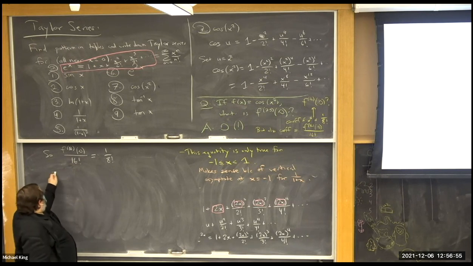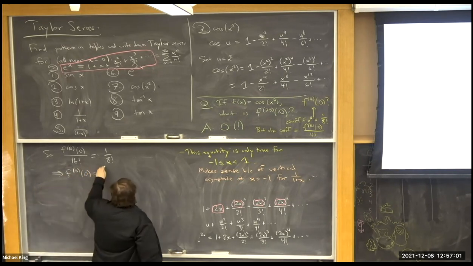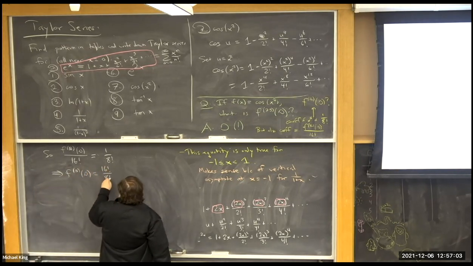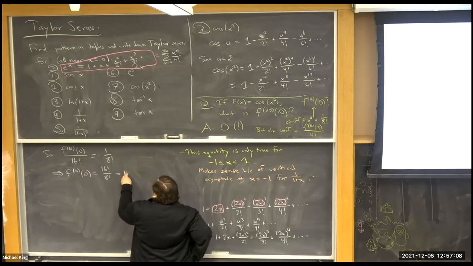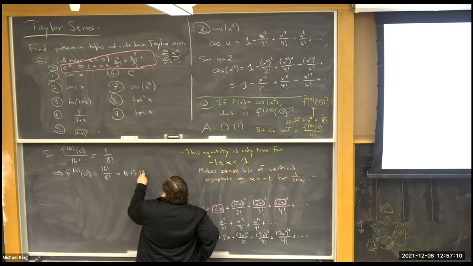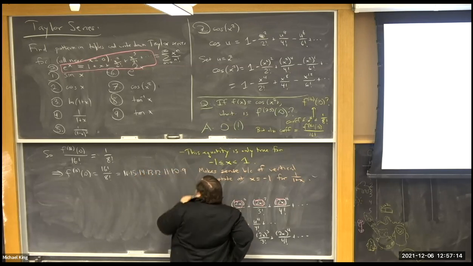So that means the 16th derivative at 0 is actually 16 factorial over 8 factorial, which is really 16 times 15 times 14 times 13 times 12 times 11 times 10 times 9, because the 1 through 8 cancel out.